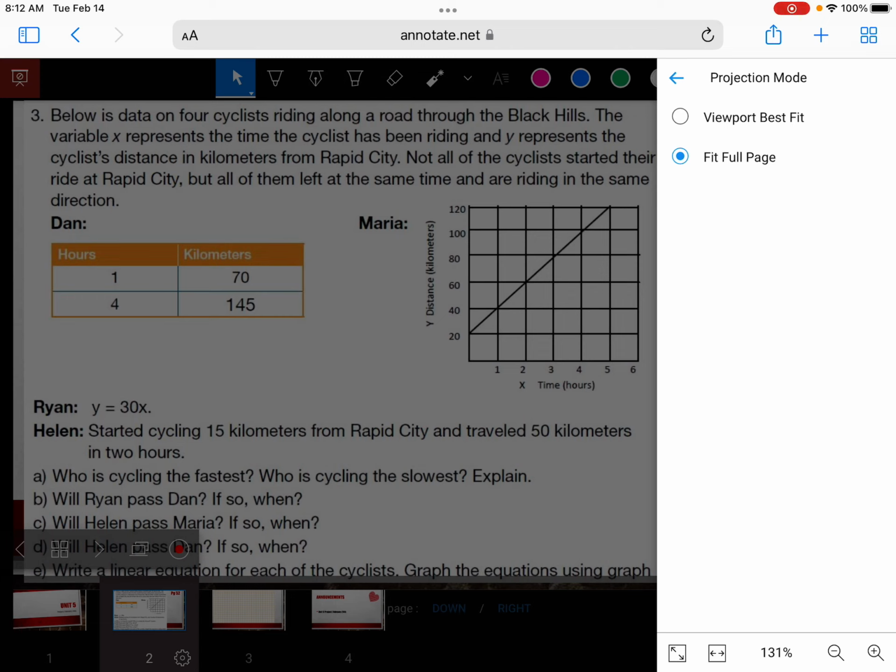So, page 52 has this lovely space for you guys to make a graph of all 4 equations representing our 4 cyclists, okay? So what I want us to do is you're going to grab 4 colored pens or colored pencils, and make sure you grab a ruler.